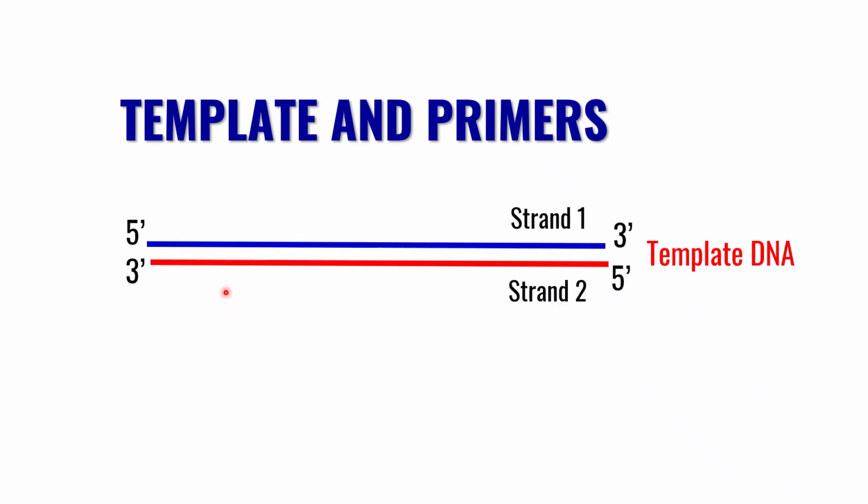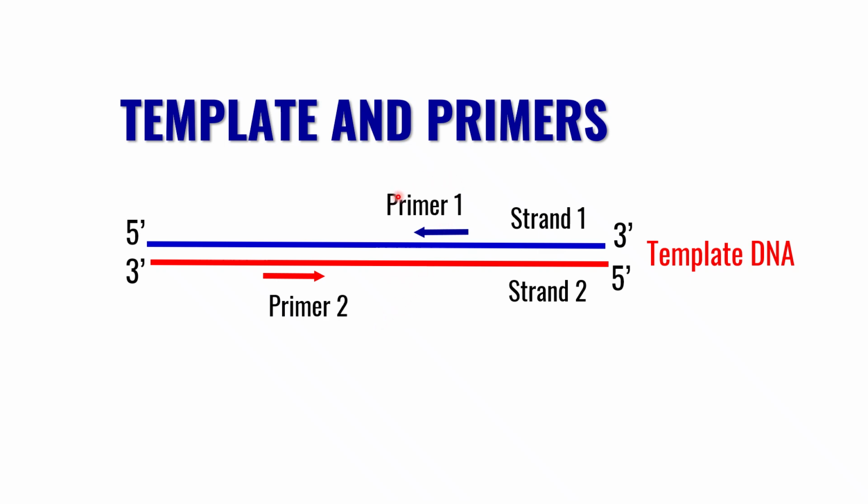Regarding the requirement of template and primer, a couple of points. Template is a double-stranded DNA having two strands, strand 1 and strand 2, and this acts as a template. It provides the region to be amplified using a set of primers or pair of primers. There are 3 points you have to remember about the primer. Primers are single-stranded DNA molecules complementary to their target strand.